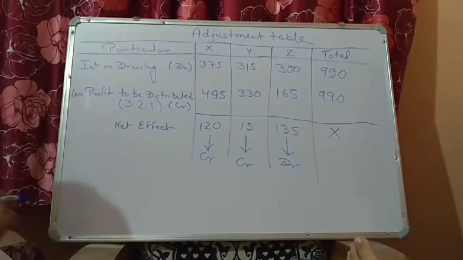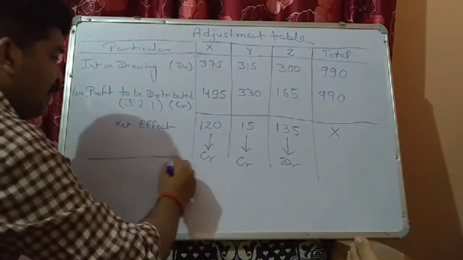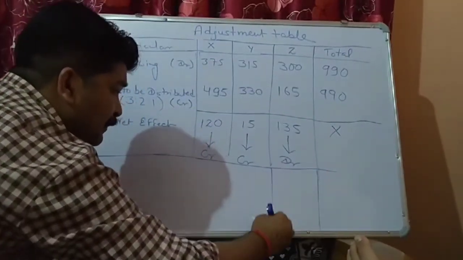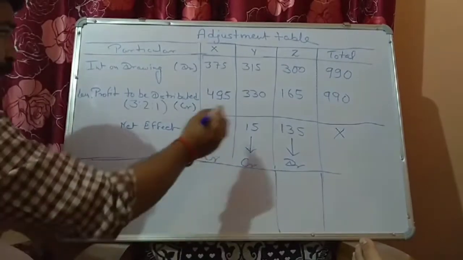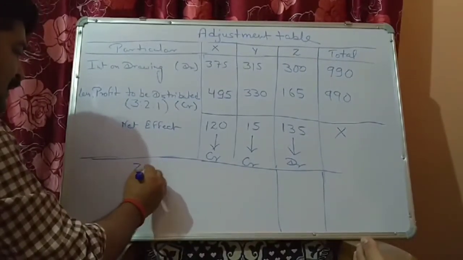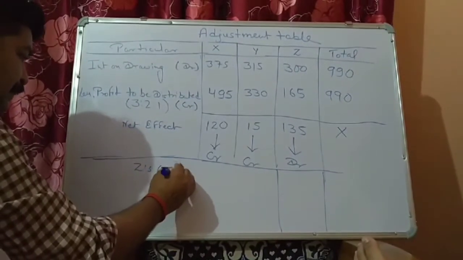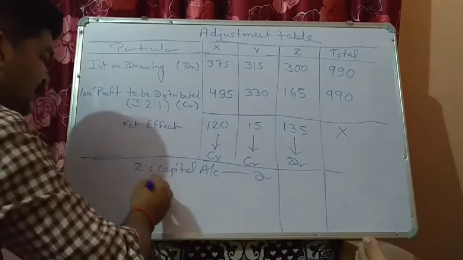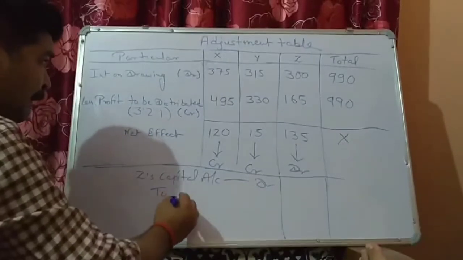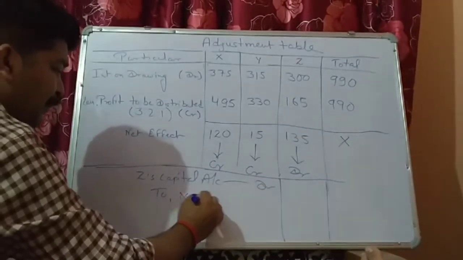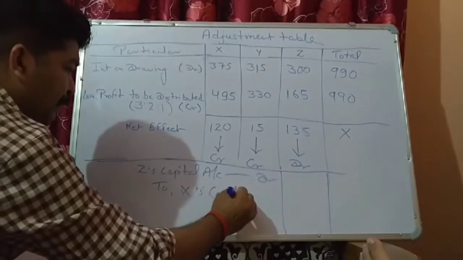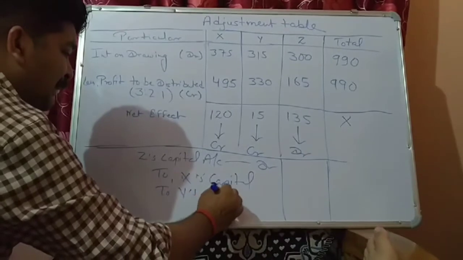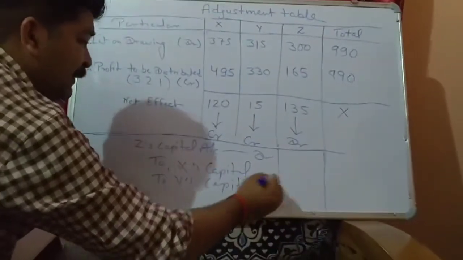Now we will pass the journal entry for the same. Z's capital account will be debited, to X's capital account, to Y's capital account.